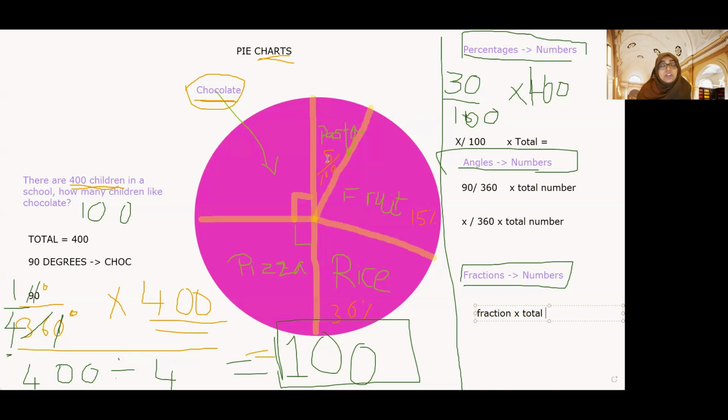So how am I going to work out the number of children who like pasta? Let's follow this formula. So fraction times total. What's my fraction of people that like pasta? 5 out of 100. And then times it by my total number of children, 400. And then the answer to that would be my answer.